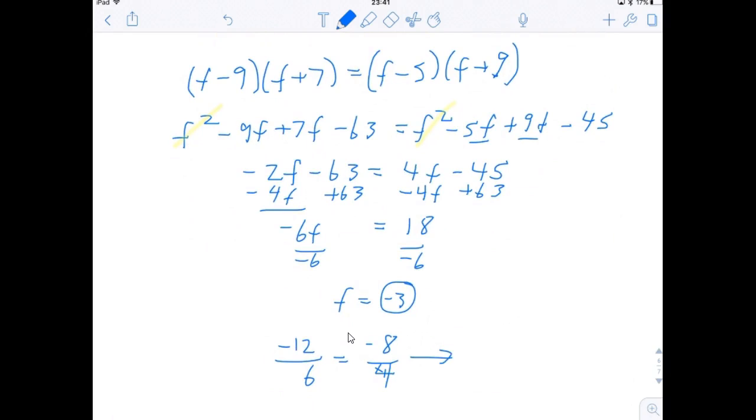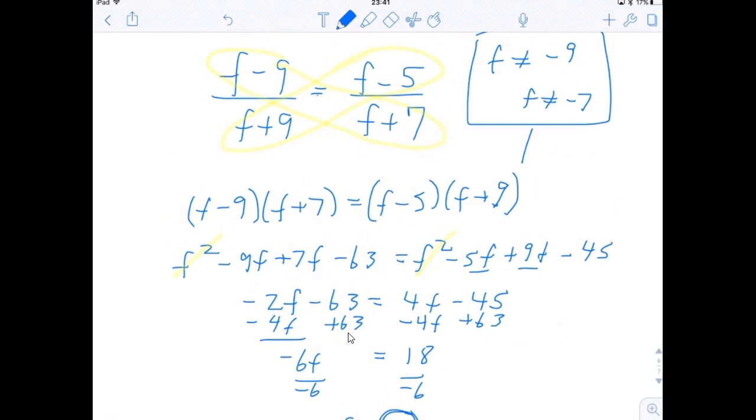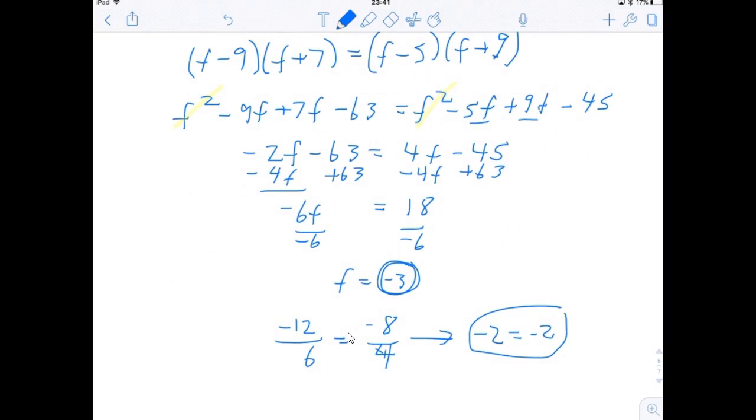And you can see that that is negative 2 equals negative 2, which is fine, okay? So we can either take the negative 3, check back to see what values we prohibited in the beginning, but if we forgot to do that, you could take your negative 3 and then substitute it in and see if you get a valid statement, okay?